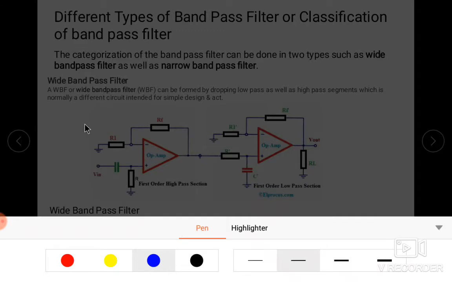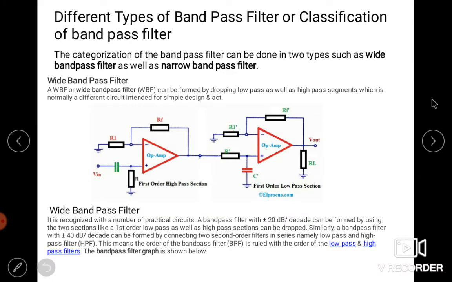The band pass filter is a circuit which is designed to pass signals in a certain band of frequency, while it attenuates, means it rejects, certain frequencies outside this band.